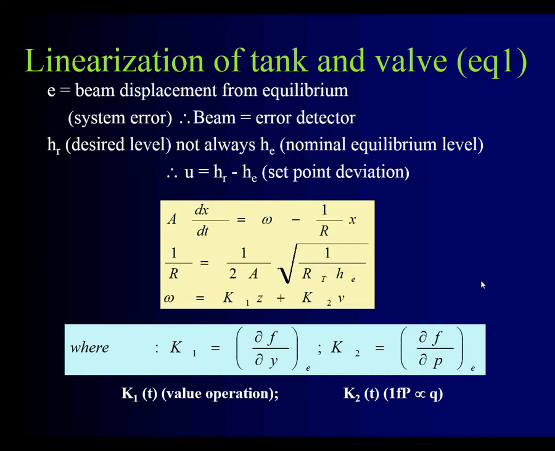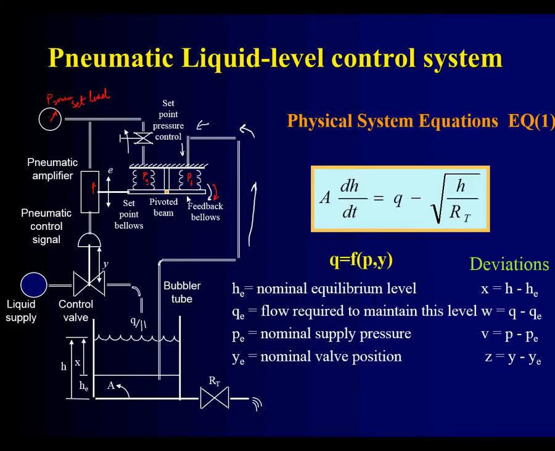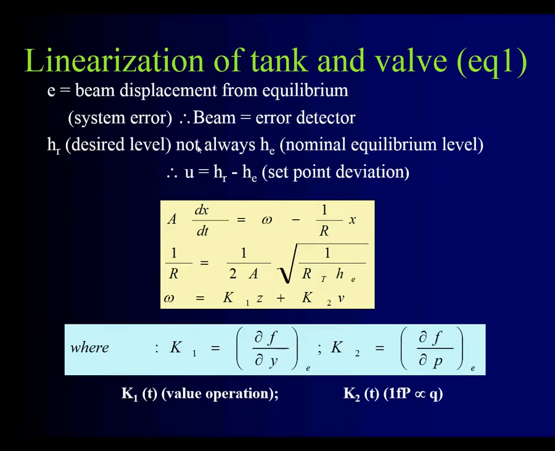So if you have a linearization of the system, you could take the derivative of the flow. When we're talking about the beam, we are referring to this beam. Depending on where the beam is, that's how the controller works.